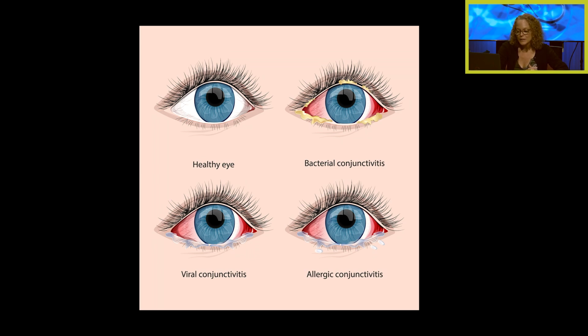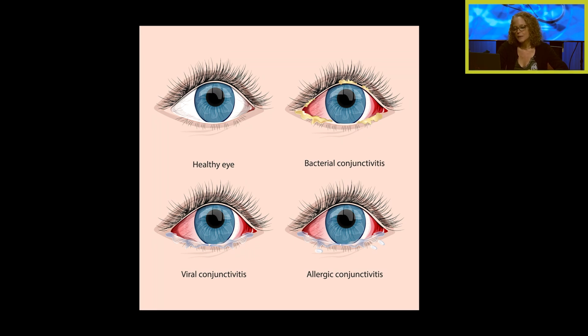On the bottom, we see a viral conjunctivitis where we've got a lot of redness and irritation. And then we see allergic conjunctivitis where we see the redness again, but in this case we see kind of teary eyes. There's some excess fluid around the eye, the eyes are watery, and this is from an allergic reaction to something.